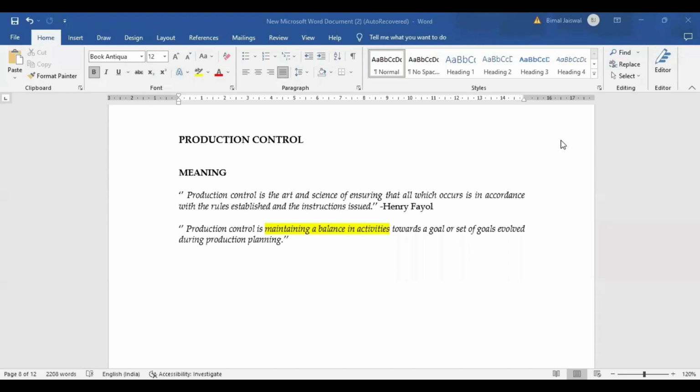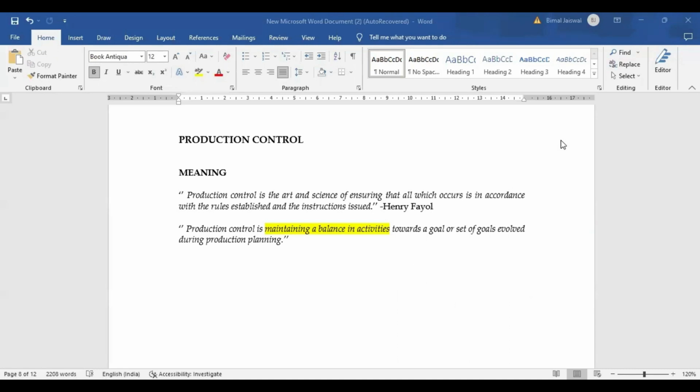Now today we will take up the second portion of PPC, that is production control. Control is basically a measure, a tool which helps us in applying correction if the outcome desired is not as per the plan.